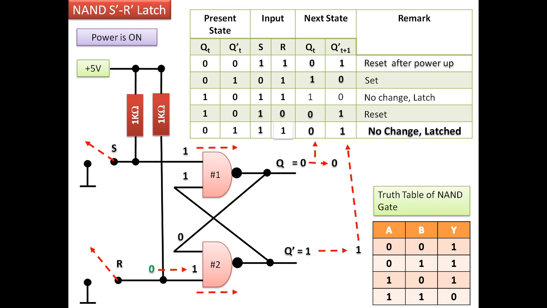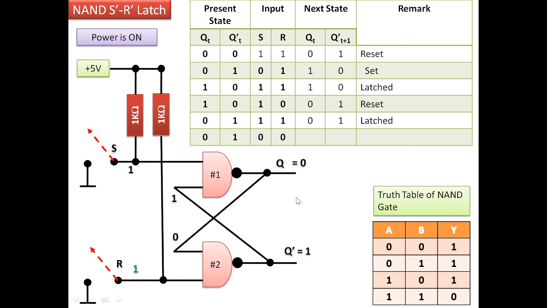Now let us see the last combination where we are going to simultaneously use both the inputs and connect it to the ground. So when we connect both the switches simultaneously to the ground, what happens is previously input was 1 1 and now it has gone to 0 at the input simultaneously.